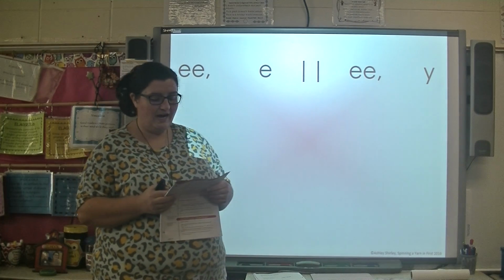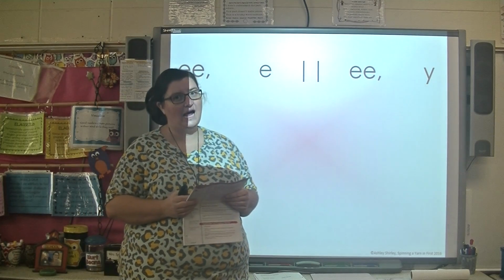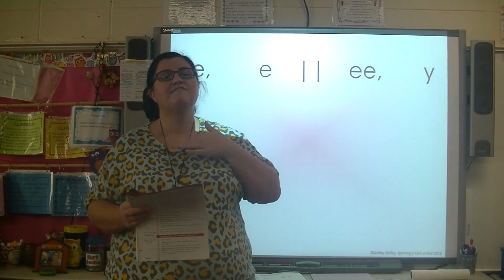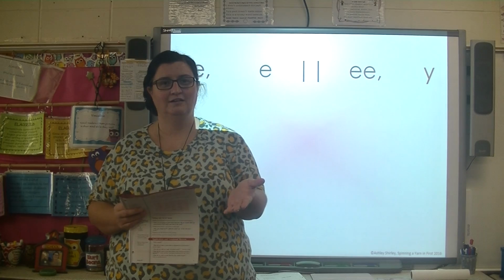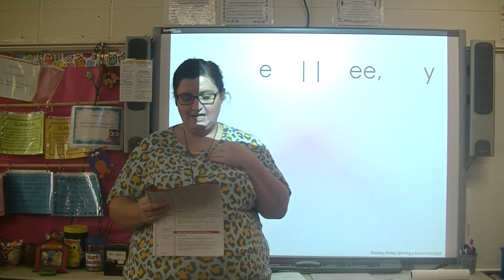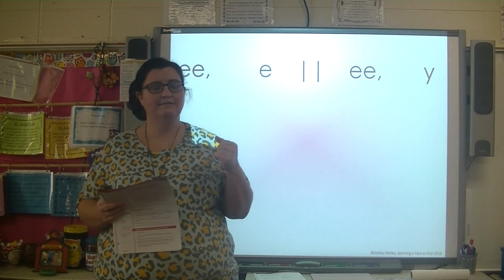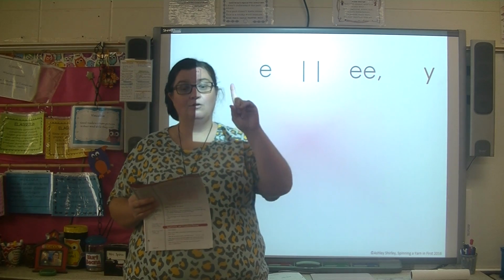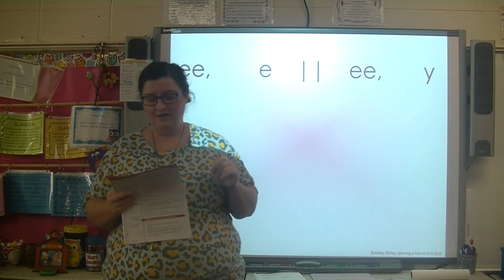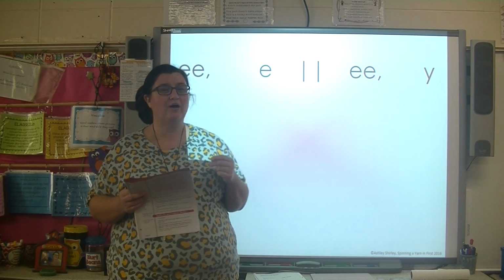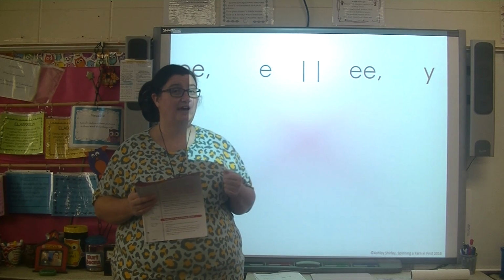So let's try and see if we can figure out how we would spell some of these words. Echo this word, fee. Yes, fee. How many syllables are in the word fee? One syllable. All right. So what would be the way we would spell that word?